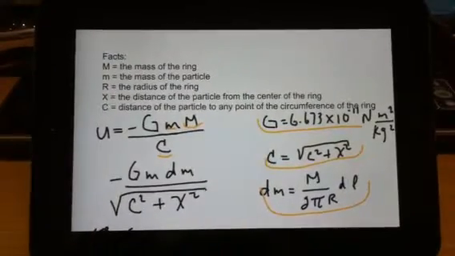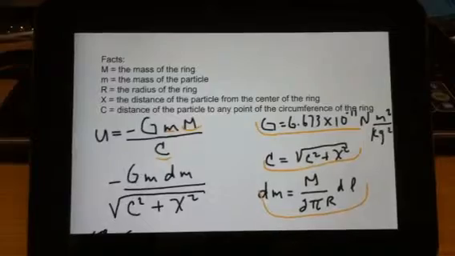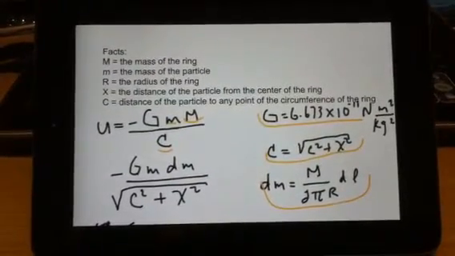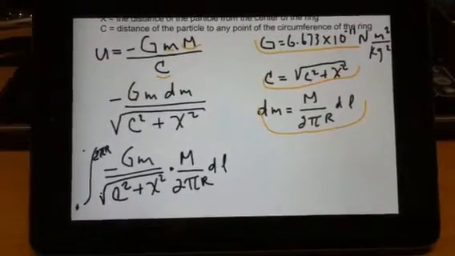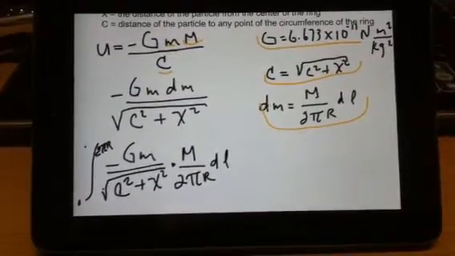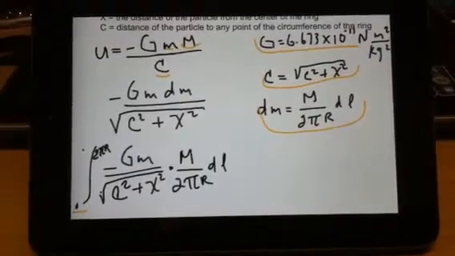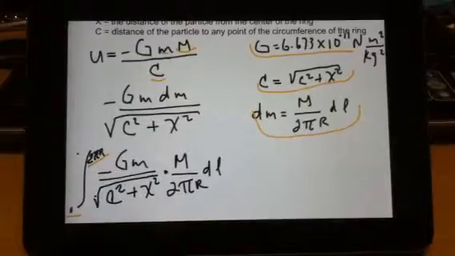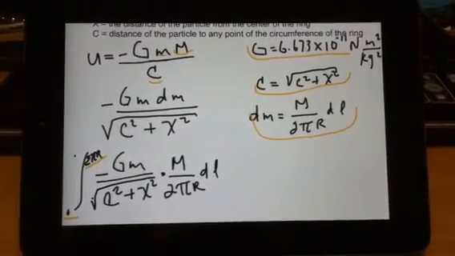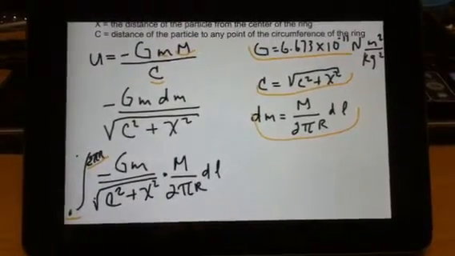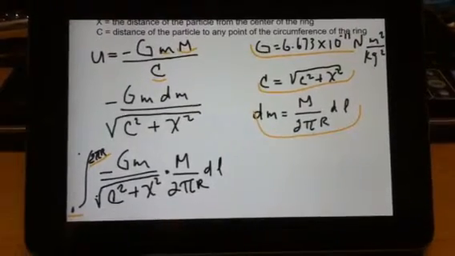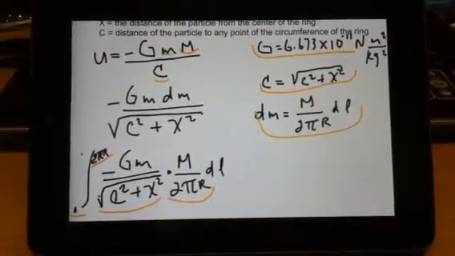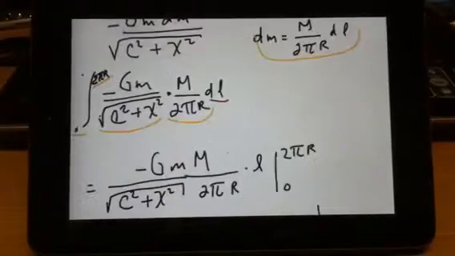We know what c is, we know what dm is, and we substitute those values in our formula. Once we make those substitutions, we integrate from 0 to 2 pi r, which is the length of the ring or the circumference of the ring. Now we find that all of these values are constant except dl.